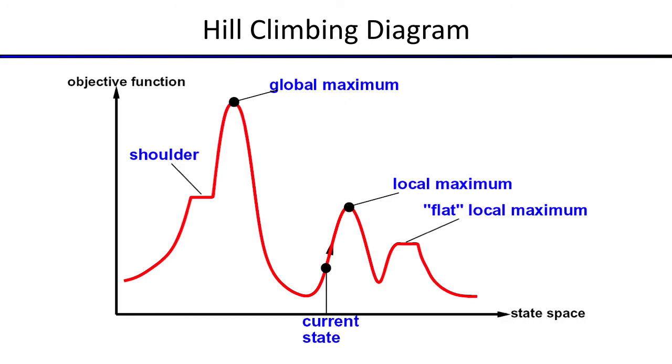Here's a kind of diagram you're probably going to see a lot more in all of your computer science career, but especially when we start talking about gradient descent for deep learning later in this class. You have some function you can vary along the x-axis. We'll call that the state space for now, using the language we've been using this week.